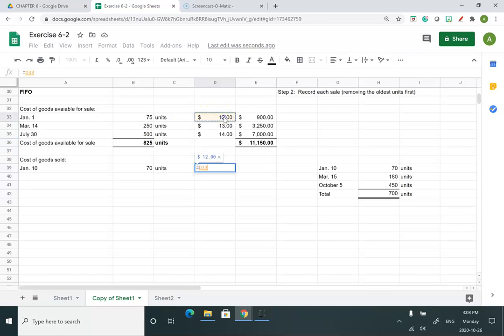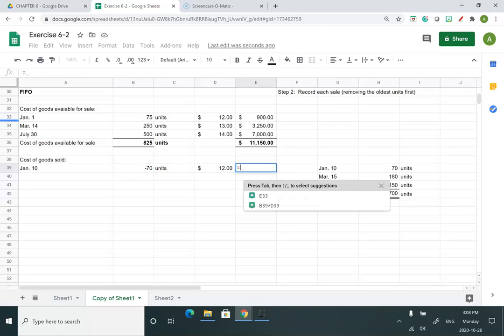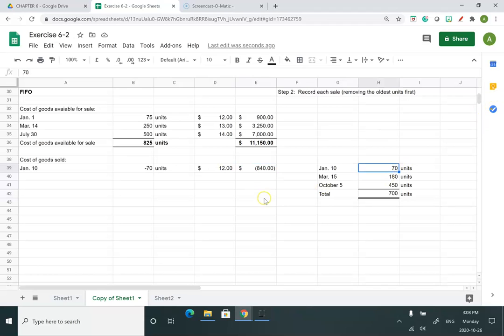I'm going to remove them from inventory at $12, and I'll put a subtraction here to remind us that we're moving this out of the inventory. If you say equals, take the 70 and multiply that by the 12, we're removing $840 from inventory. So I've got this one done.